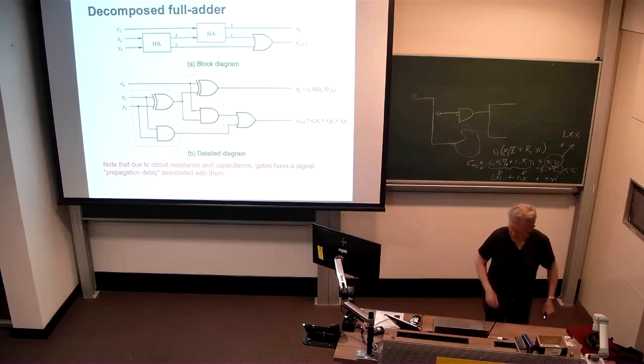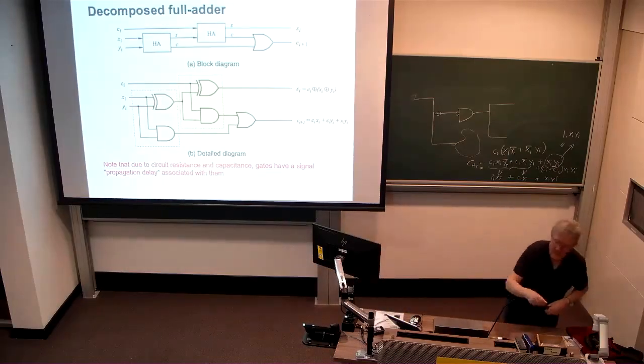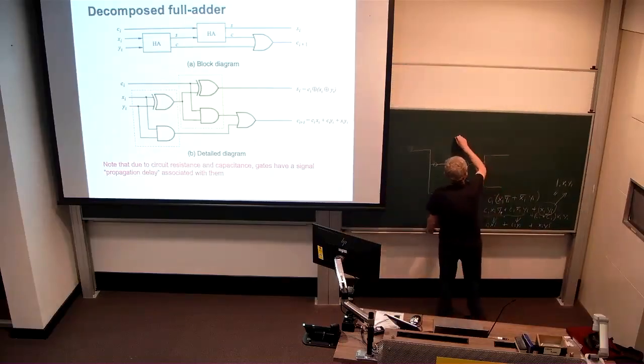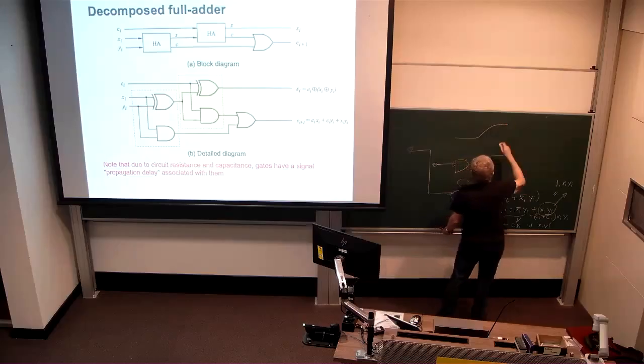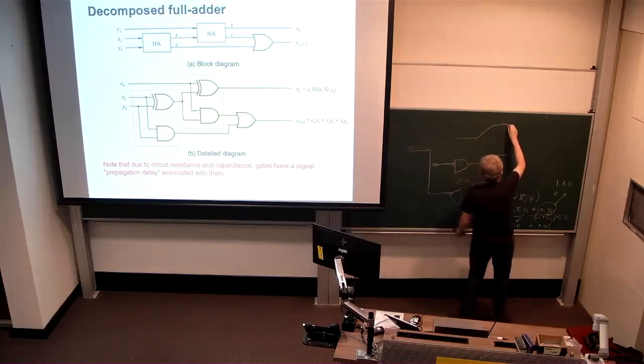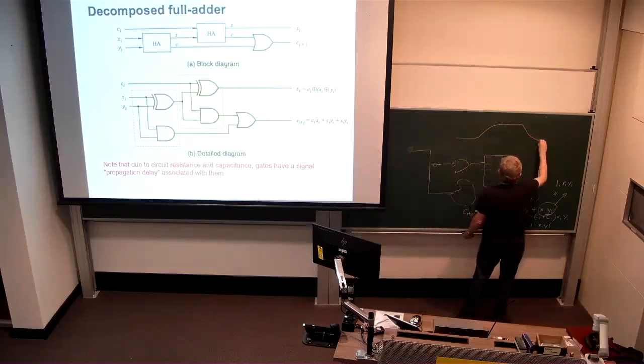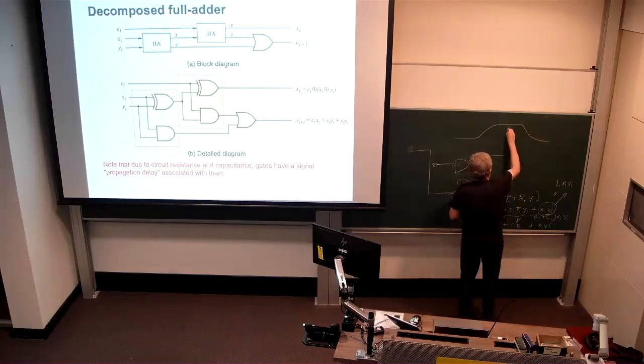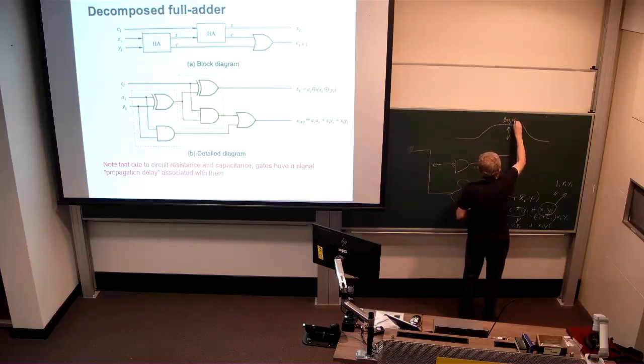Gates do not actually change instantaneously, but rather there's a period that it takes for them to charge up, and there's a period for them to decay, if we're going between logical 1 and logical 0.